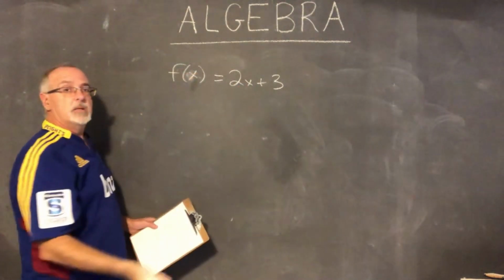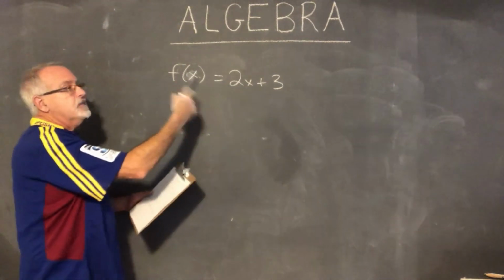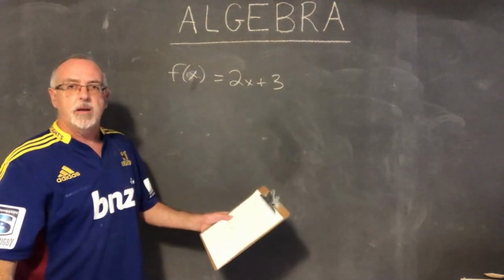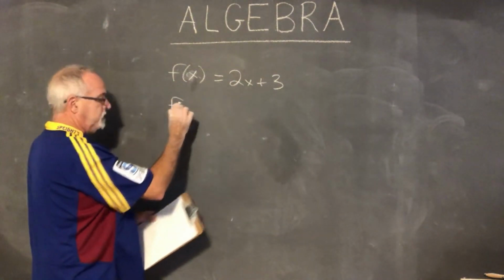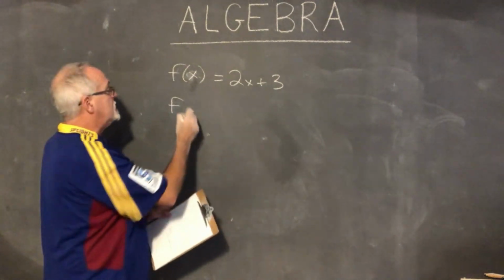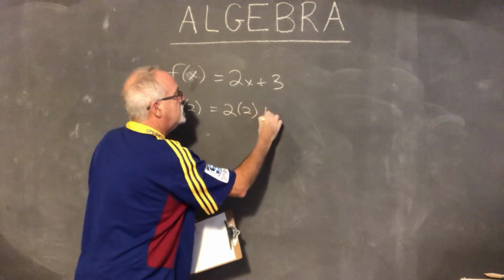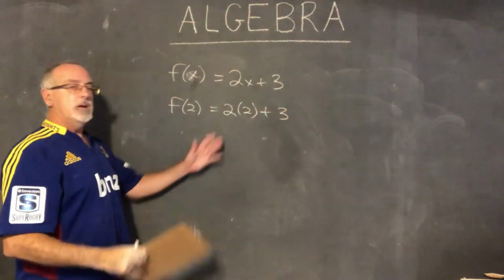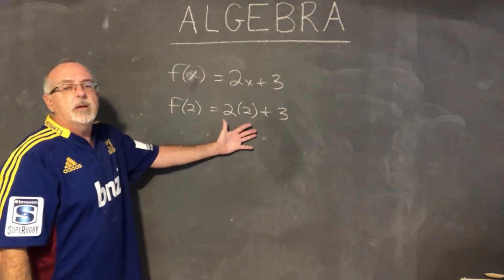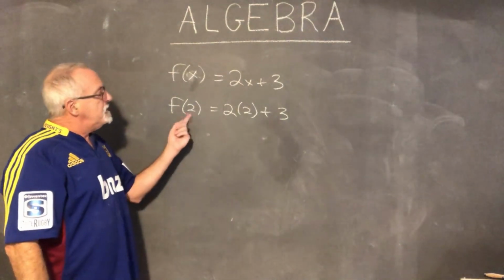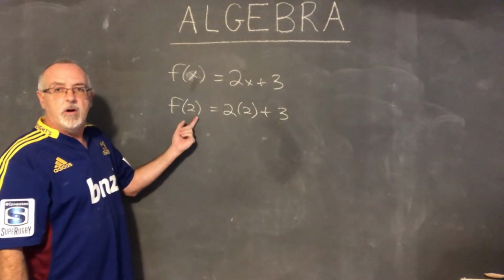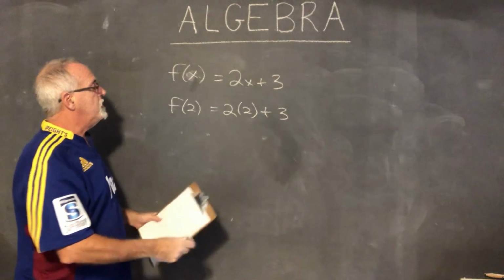I'll call it f of x, because x is a number and we haven't decided what that number is yet. But if we decide to plug in 2 like we did as our very first example before, well then this is going to become 2 times 2 plus 3. And we have gotten our machine to produce a different result because we decided to give it a different raw material, that being a 2 this time.